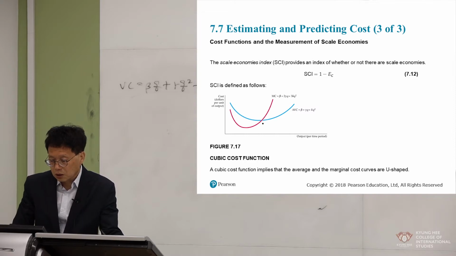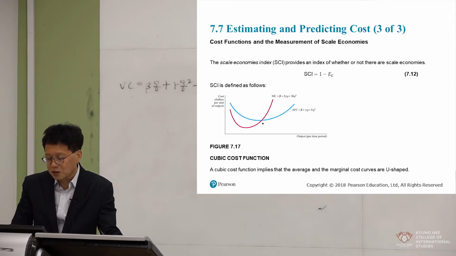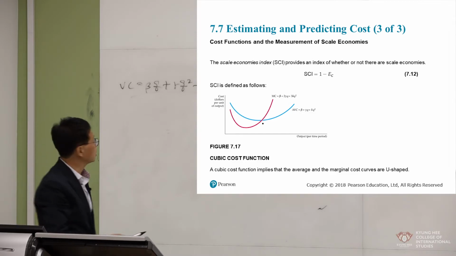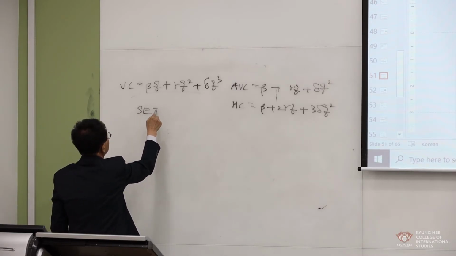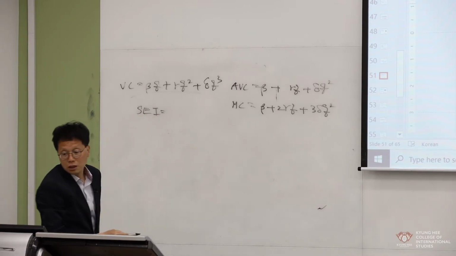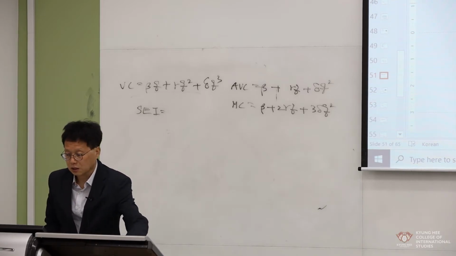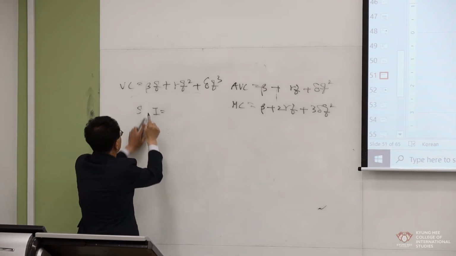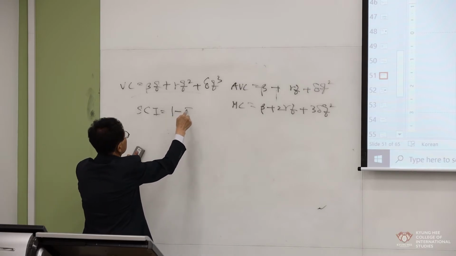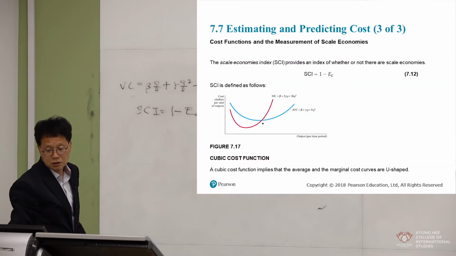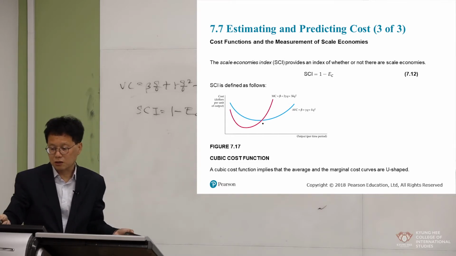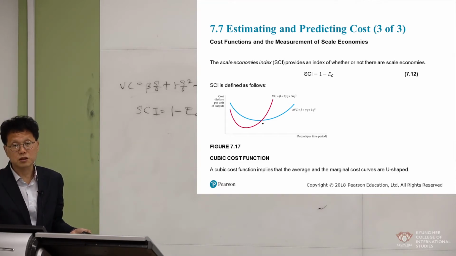Cost function as a measurement of scale economies. I already explained the scale economies index, right? The scale economies index, SCI, is 1 minus the cost elasticity, right? So if this is positive, there are economies of scale. If this is negative, there are diseconomies of scale, right?